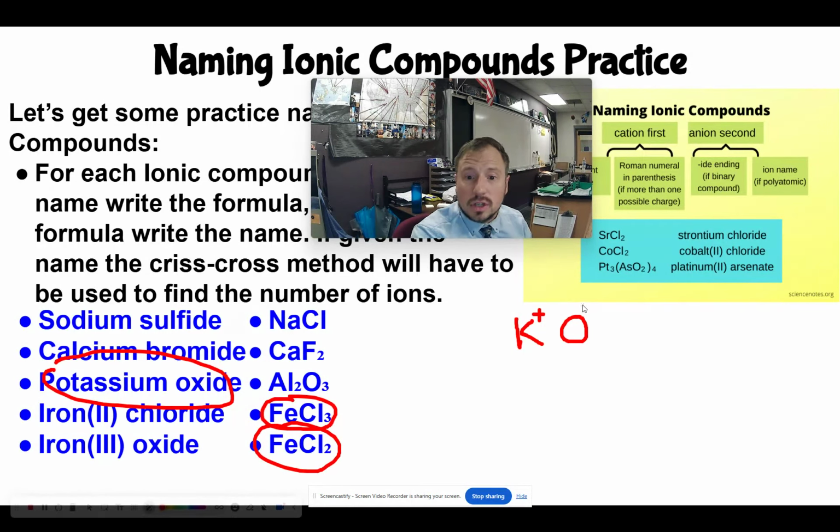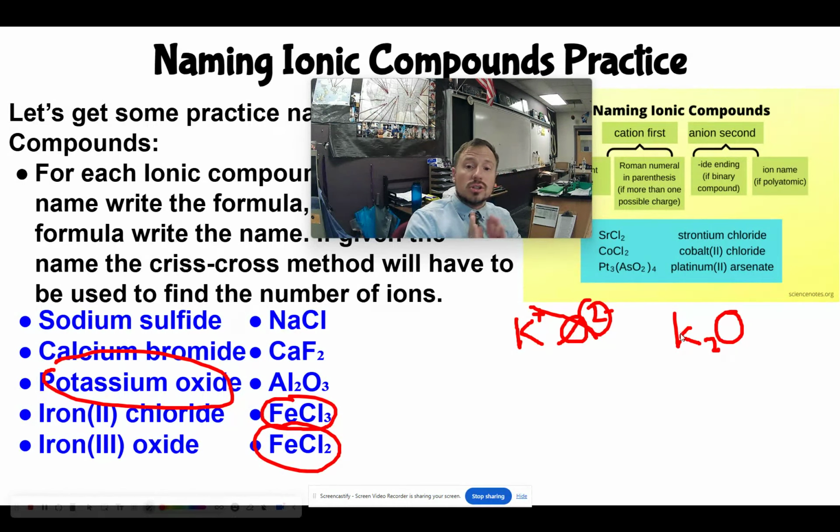Or 1 positive charge, basically. Oxygen makes its 2 negative charges. Now what I mean by the crisscross method is I take the 1 up here, bring it down there, the 2 here, bring it down there, and what I get is, well, potassium, I got 2 potassiums, oxygen, right?